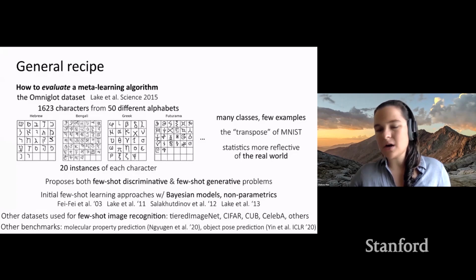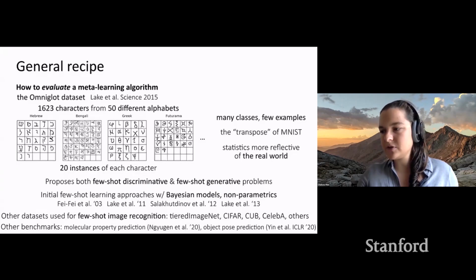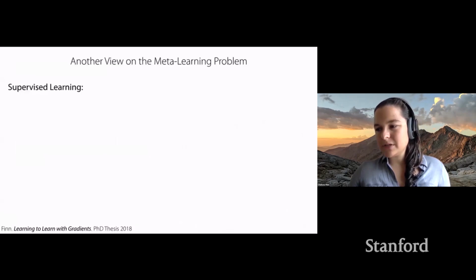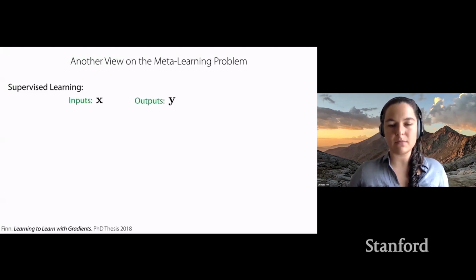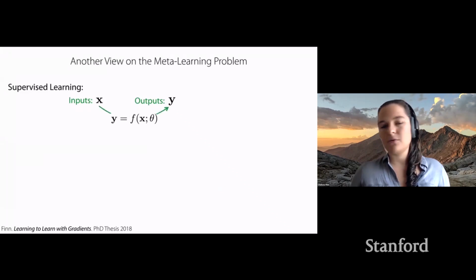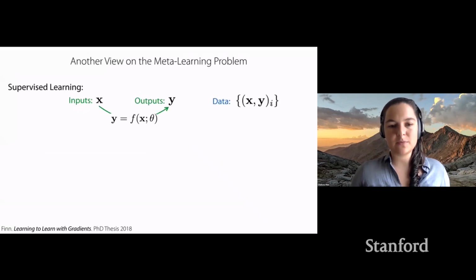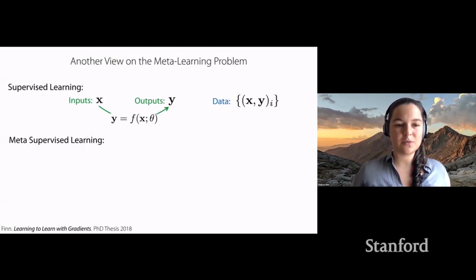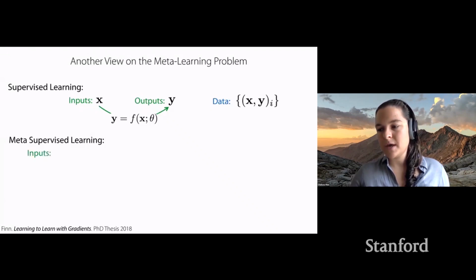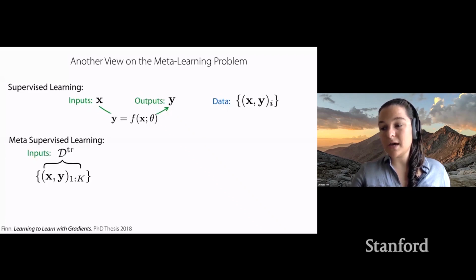Now, to start to talk about different approaches, I want to present a second view on the meta-learning problem, in relation to supervised learning. One way to view the supervised learning problem is that we're given an input X, like an image, and an output Y. We want to learn a model that predicts Y from X, and we do this with a dataset. Analogously, we can view the meta-supervised learning problem as one where we're given a dataset that has K examples and a new data point X test.